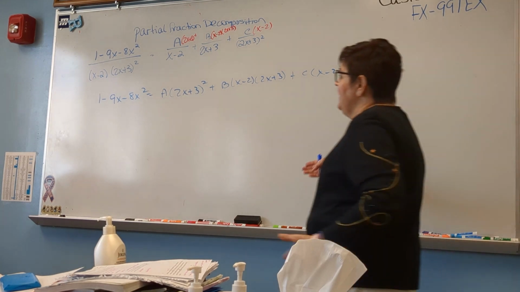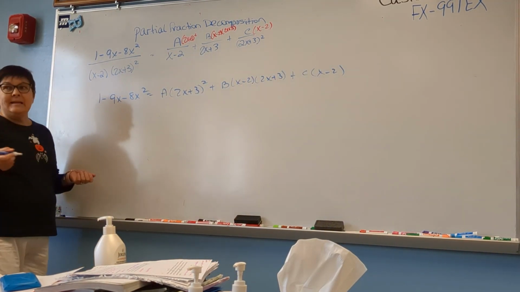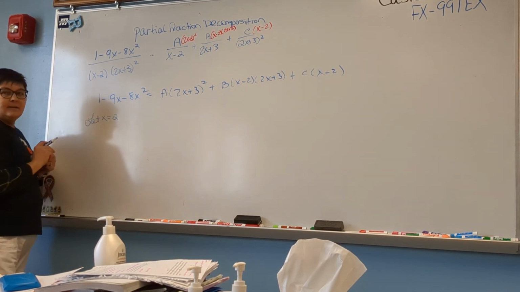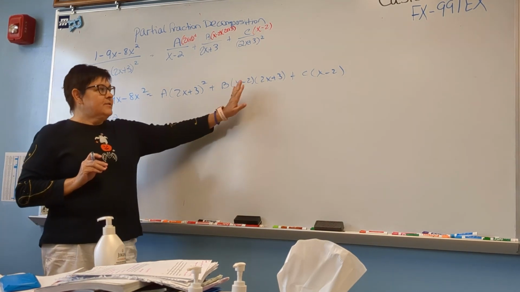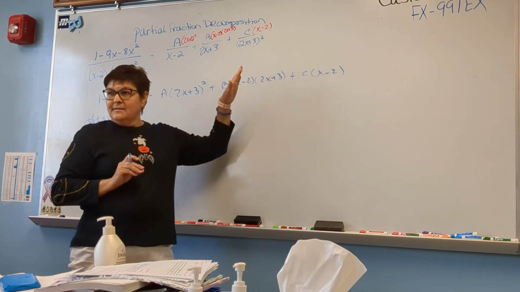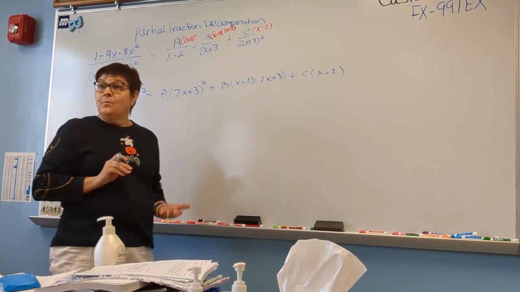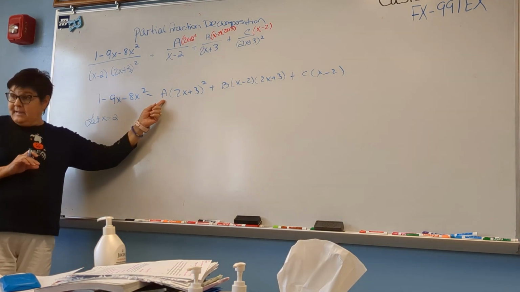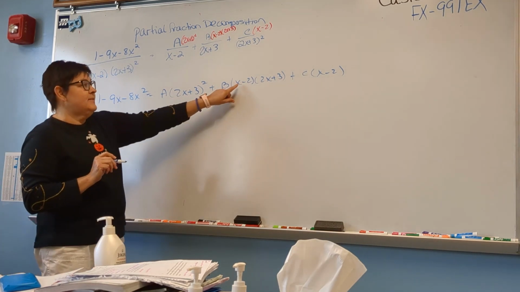All right, so what do we let x be first? What's the easy one to work with? 2. So let x equal 2, right? And as you scan your eyes across, do you agree this goes away and so does this? The 2 zeros that out and the 2 zeros that out. So what becomes the obvious thing that I'm going to find? I'm going to find A. That makes this 0.